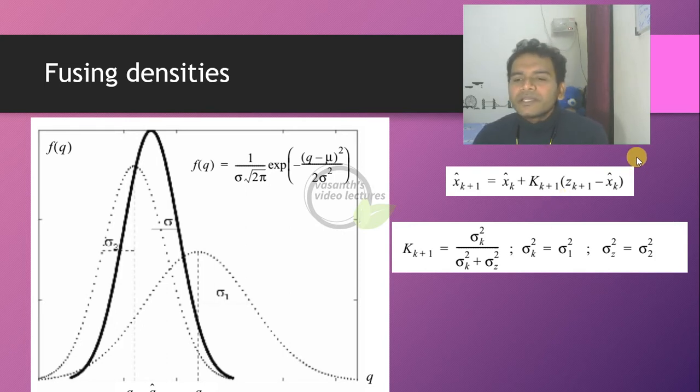So this equation is the final equation, out of which this K suffix k plus 1 is defined as similar variances, which is in terms of the k. So sigma k square would be equal to sigma 1 square, sigma z square would be equal to sigma 2 square. Fundamentally both are equal, but we have added one more component called z, which is clearly shown here, which is sigma z square is equal to sigma 2 square. That's all about your Kalman filter.